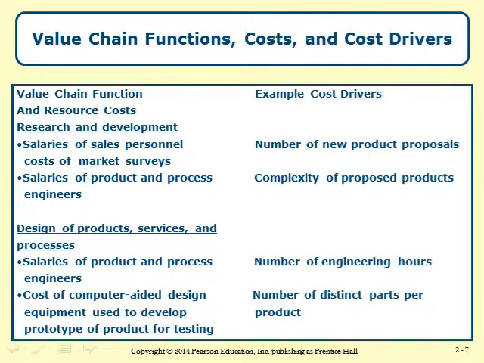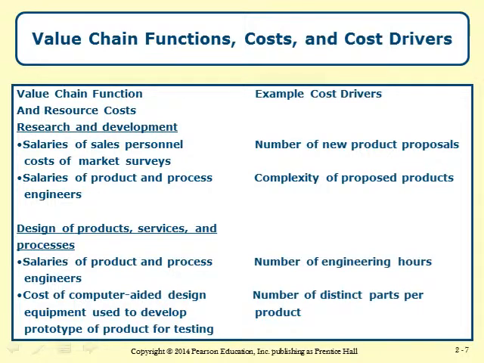Or we can look at marketing, which includes cost of advertisements and the salaries of marketing personnel. And so when we talk about these different value chain functions, that is the marketing or the research and development or the production, each of those functions has cost drivers.